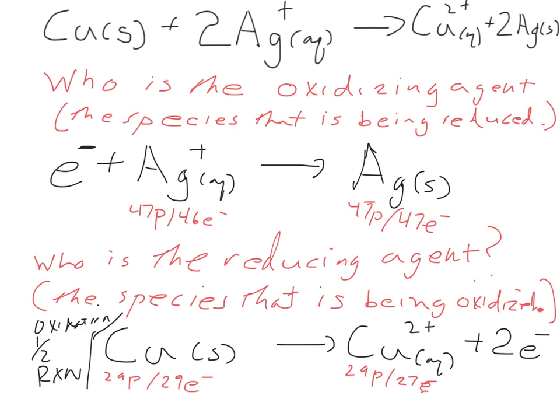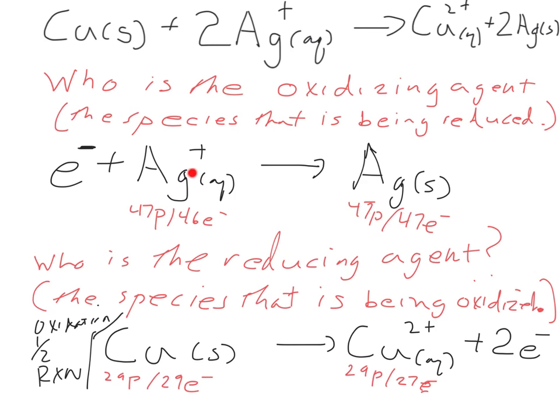So as we look at this, we see that during the course of the chemical reaction, my silver ion is gaining an electron, going from 46 to 47 electrons. That means it's being reduced. My silver ion is being reduced, and it's causing something else to lose electrons, so that means my silver ion is the oxidizing agent.